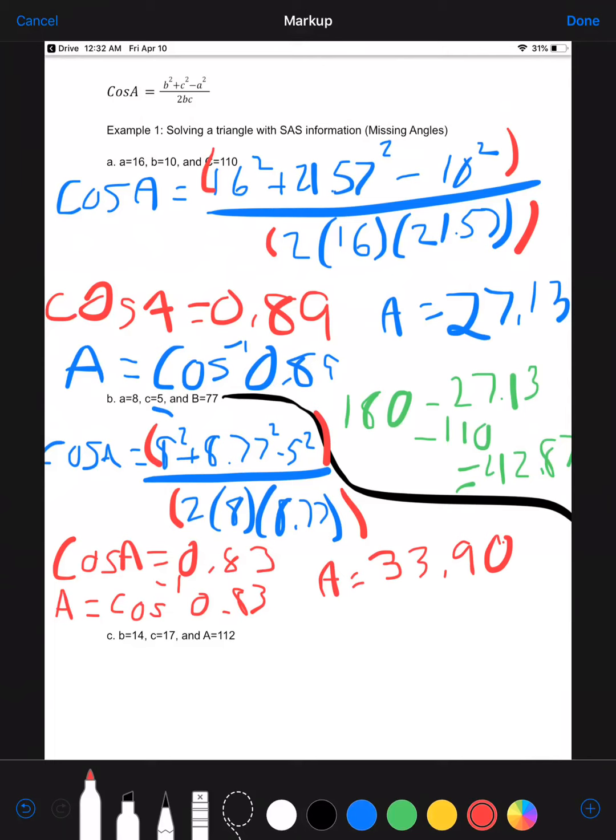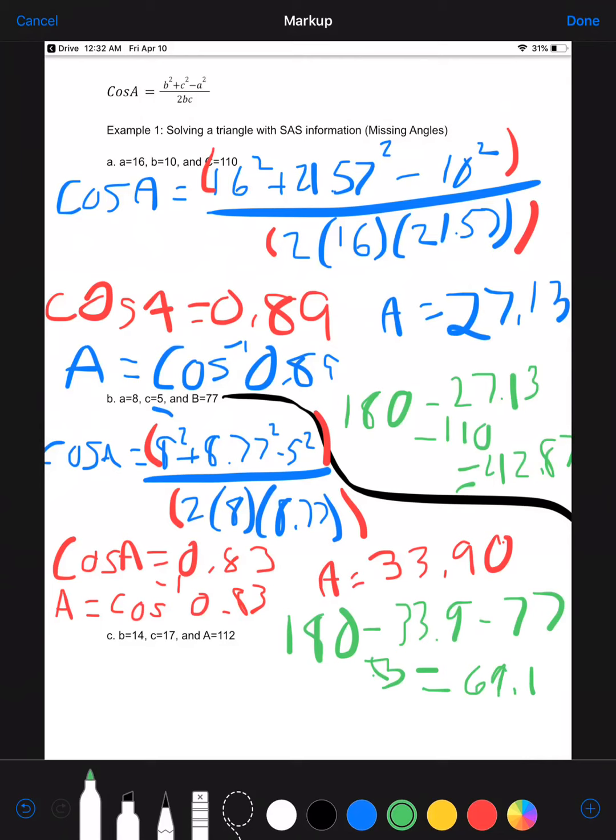Then we're going to do 180 minus 33.9 minus 77. See what we get. And we get B equals 69.1. Okay, so those are your answers for this problem.